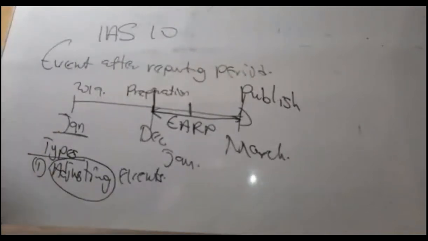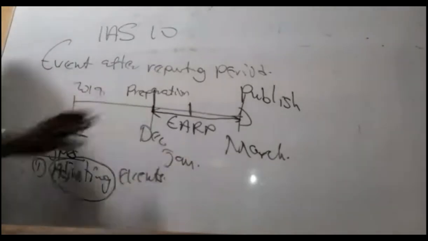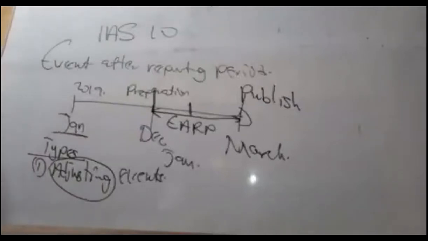Now, all you have to be aware of is this. You should know some specific examples of transactions which occur after the reporting period that amount to adjusting events. In exams, out of these specific examples, you will see some of them in your question, then you adjust.